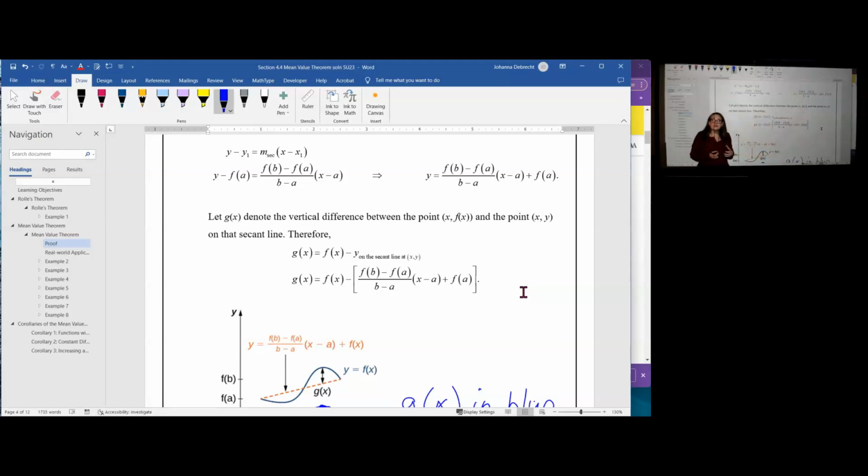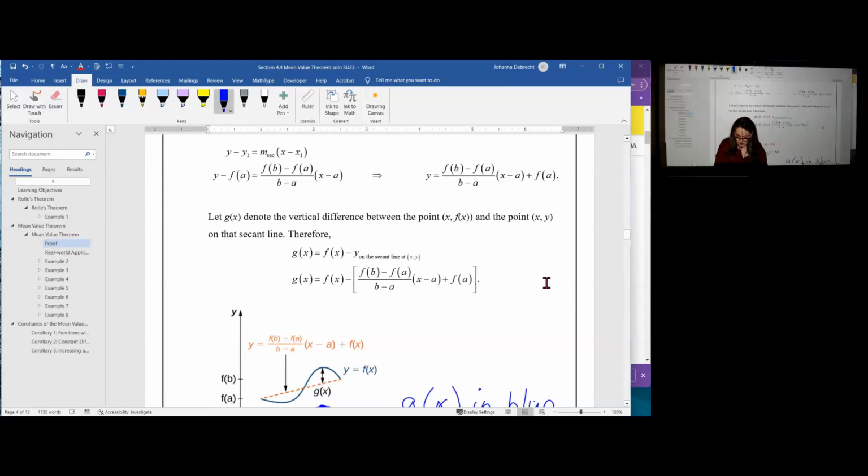We're going to actually define a new function, g, in terms of the secant line and the original function f. Remember, the original function f is doing something like this, and the secant line is slanted. We're going to let g of x be the difference in the y values between the function f and the secant line.